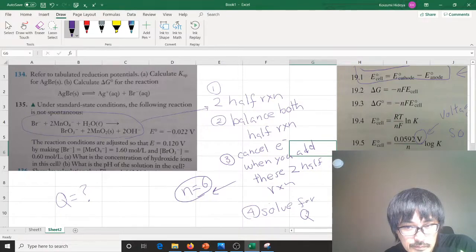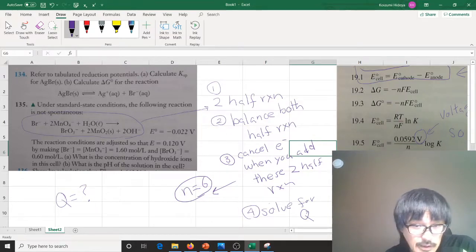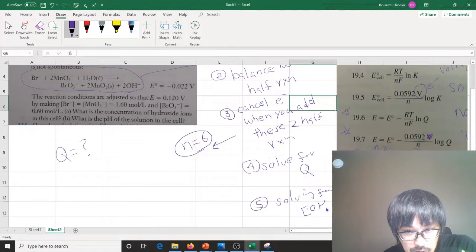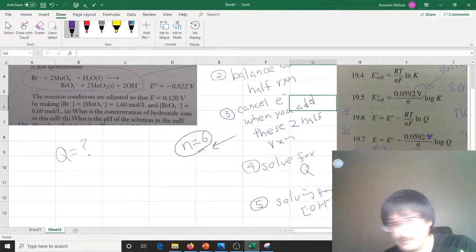Okay, so all the numbers are given, so you can solve for Q. And then once you solve for Q, you can start solving for the OH minus concentration, and then get pOH and pH, right? pOH and pH.